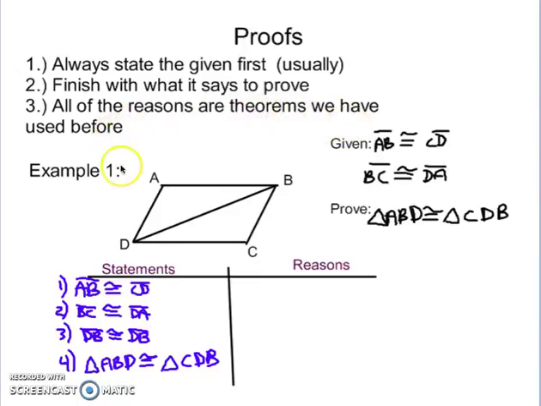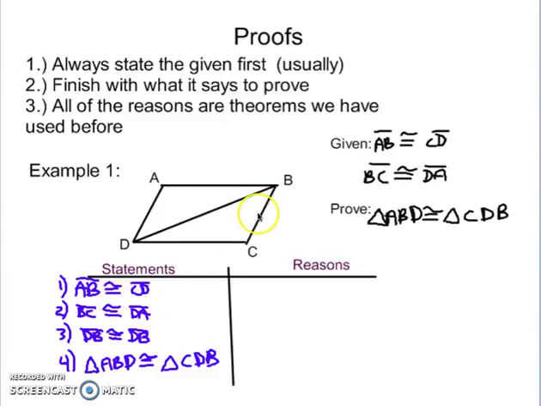So in example 1, this is the figure we're given, and we can see all of the givens listed over here, as well as what it wants us to prove. So, one of the first givens, our first statement, is segment AB is congruent to segment CD.